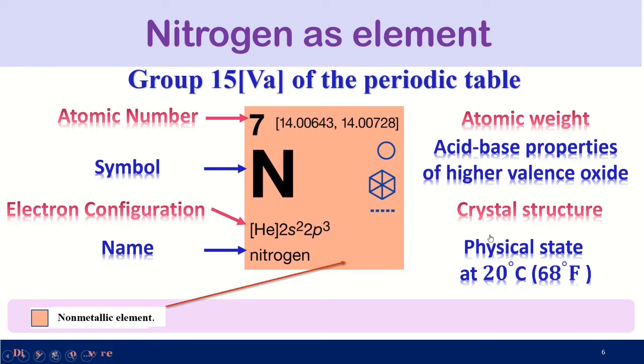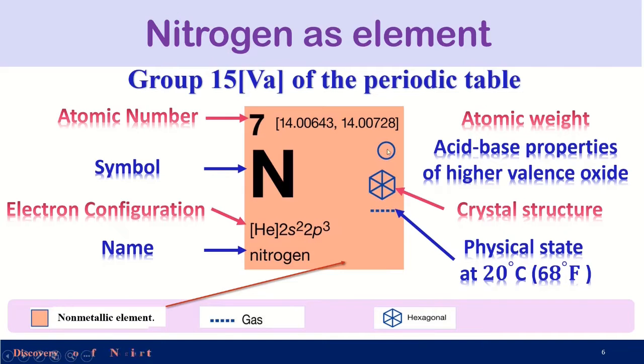In the physical state at 20 degrees Celsius, the dotted lines indicate it is a gas. The crystal structure indicated here is hexagonal.